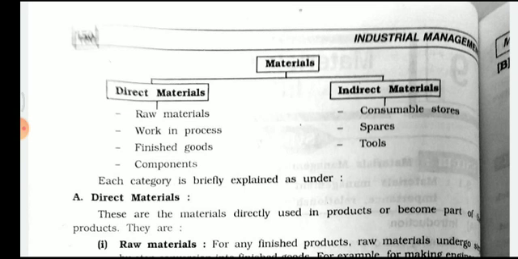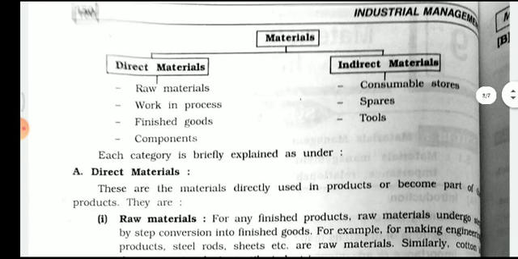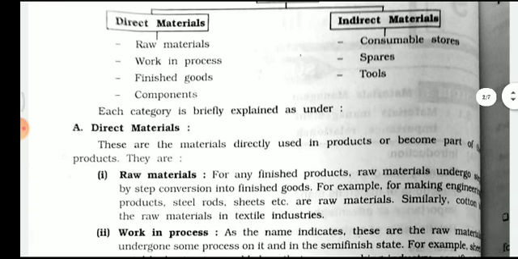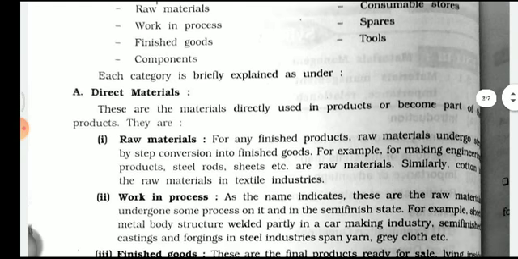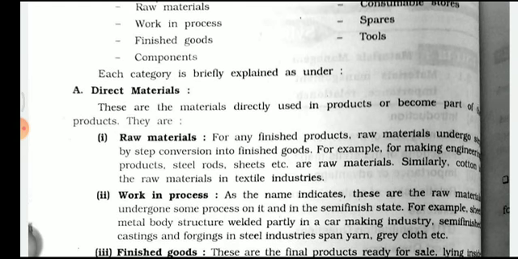These are raw materials first, second work in process, third finished goods, and fourth components. Indirect materials are consumable stores, spares, and tools. Each category is briefly explained.